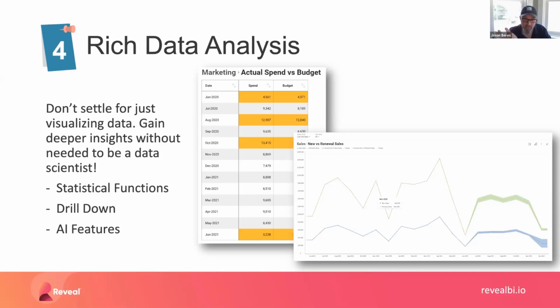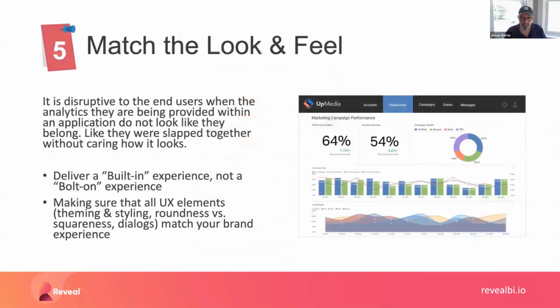And I can just click a button, it shows me the outliers. Or you can have that pre-built into the dashboard. So when they open it up every time, it's always going to show you a forecast or an outlier or whatever. So you get a lot of power and flexibility with giving your users this rich data analysis capability.